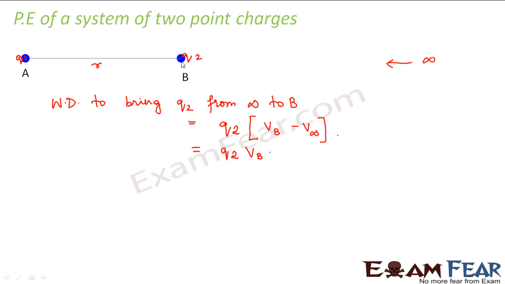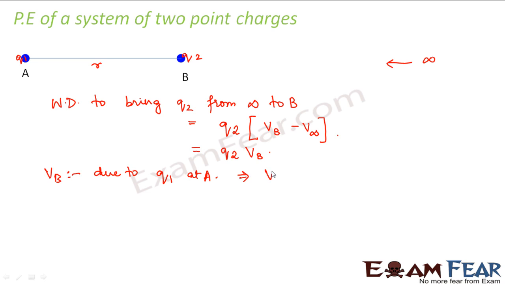Now what will be the potential at point B? The potential at point B is due to charge Q1. Whatever potential you experience at this point is due to this charge Q1, which was already existing.